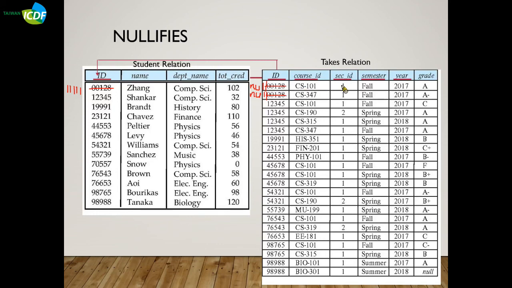In other words, these situations will produce violations of the entity integrity rule. Accordingly, if the nullify policy is adopted, we have to be careful about this kind of situation.